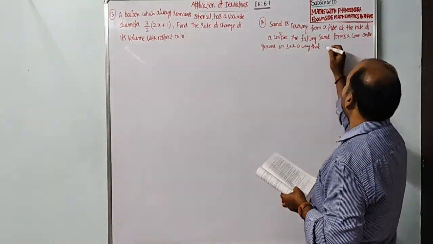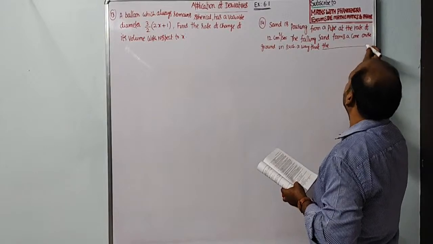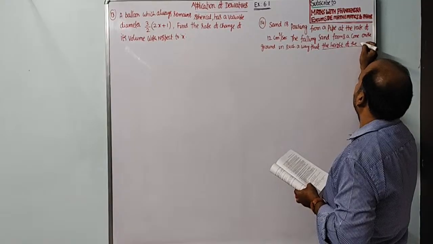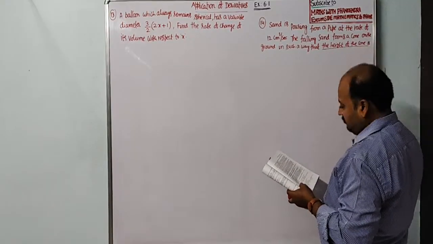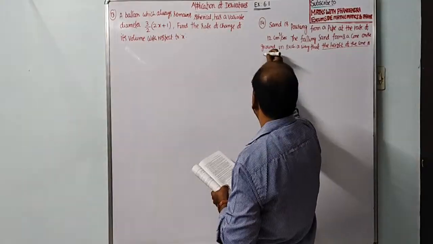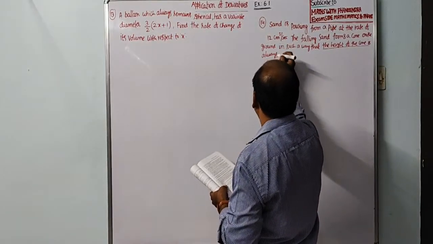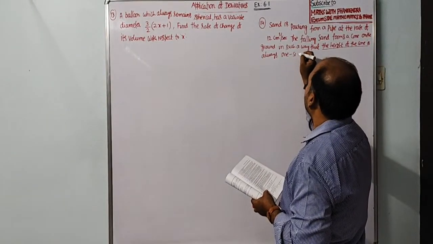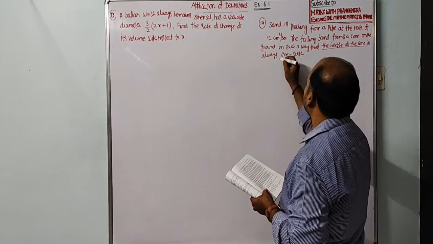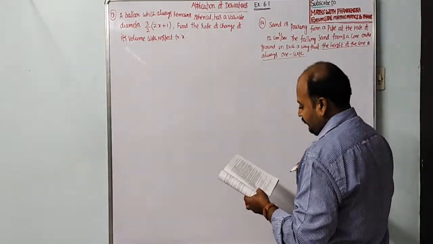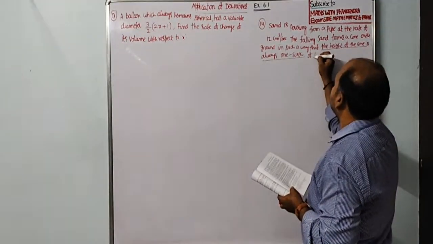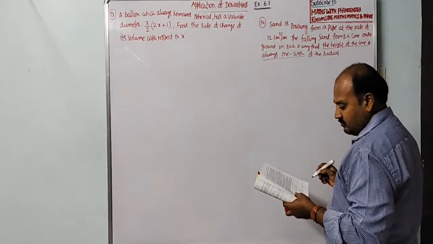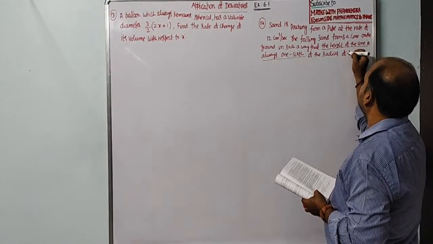The height of the cone, this is important, the height of the cone is always 1/6 of the radius, 1/6 of the radius of the base.